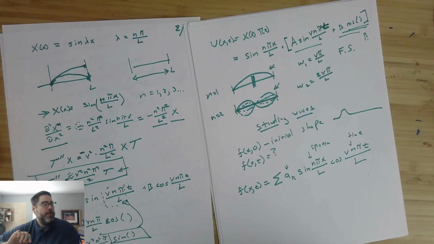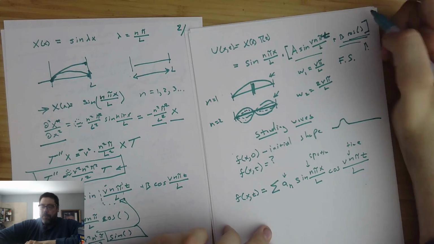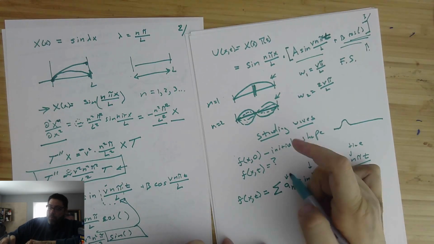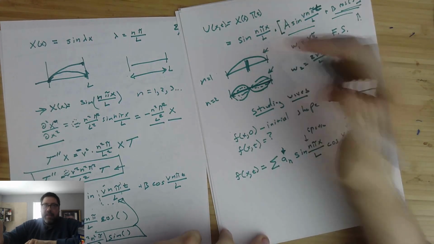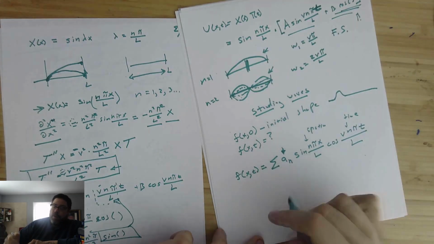All right, so proceeding on then, this is all good, but I need to know how to deal with what A is. A is how much it looks like each of these modes, and this is again going to look a lot like our Fourier transform.